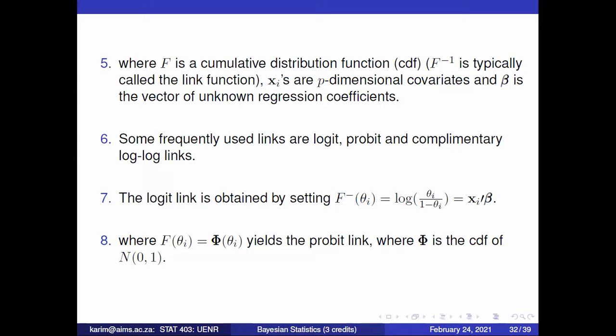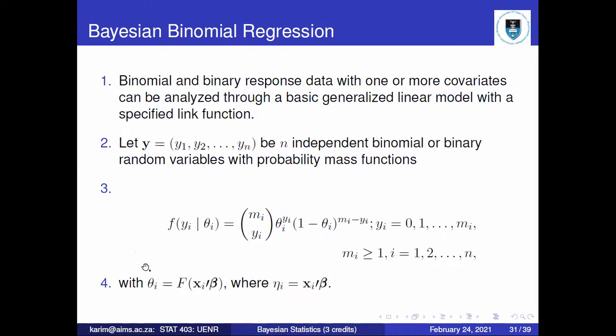If we are dealing with Poisson data, we have the log link function. If we are dealing with binary or binomial data, we use the logit or the probit link function. So the logit link function for the binomial distribution, you can see that the parameter, which is the probability of success, is equal to this.